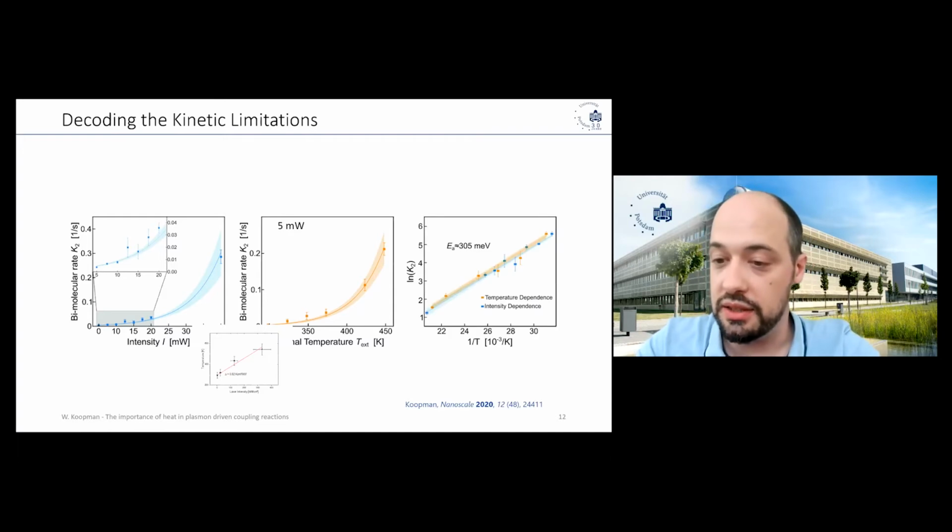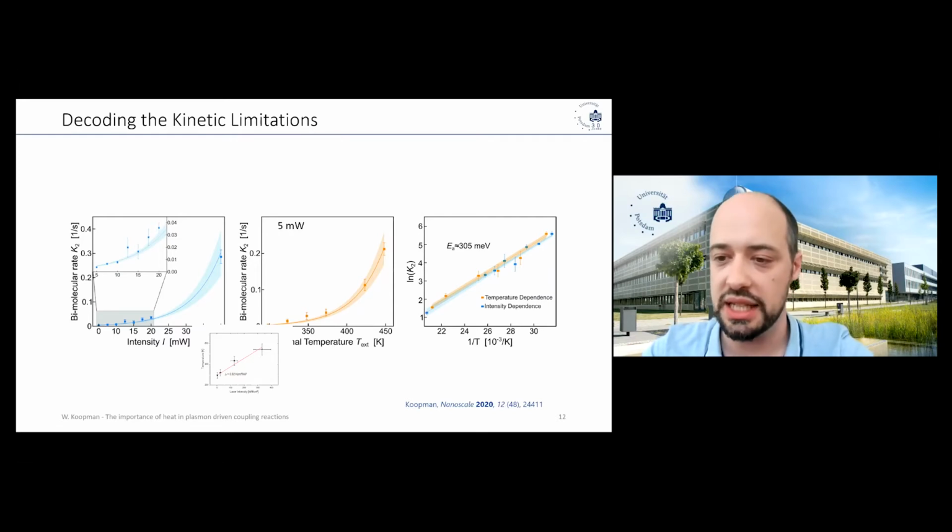Now, the orange dots are the points we got from the heating experiment, and the other ones from the intensity dependent experiment. And as you can see, they exactly show the same activation energy. If you would put just one color, you wouldn't see which one is from what experiment. So this is actually a bit different from what we expected. As I said, we expected a different slope for both measurements.